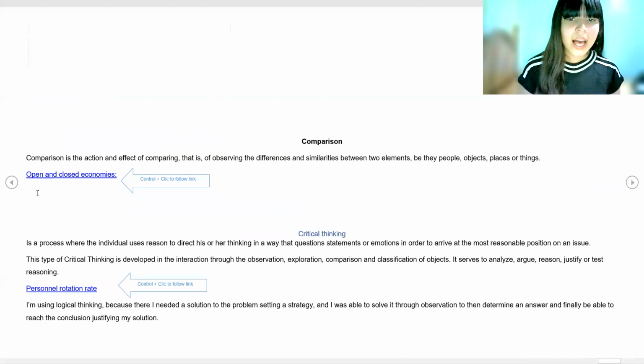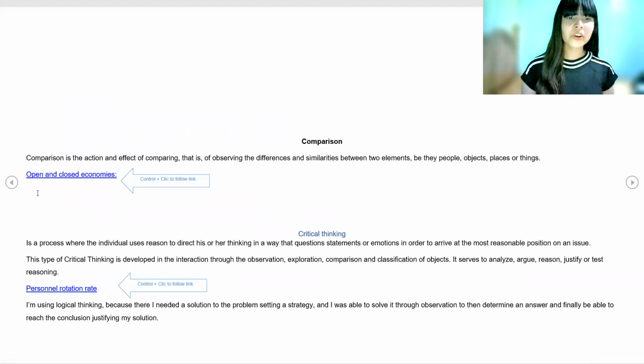Then I have the comparison, that is an action, and the fourth skill, that is observing the differences and similarities between two elements. They can be people, objects, places, and things.